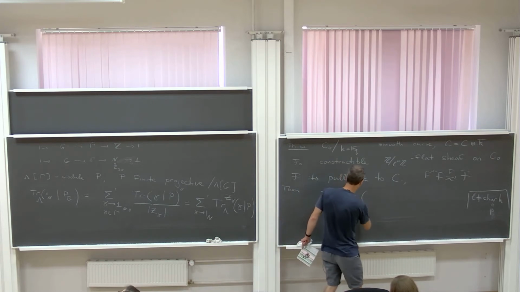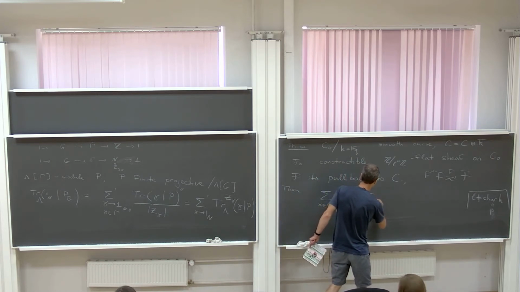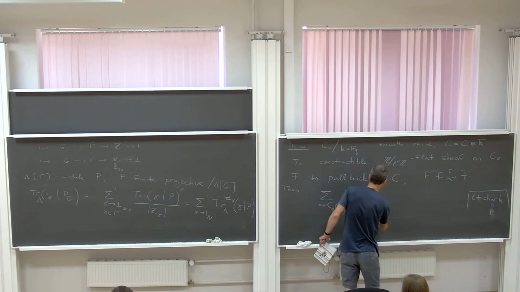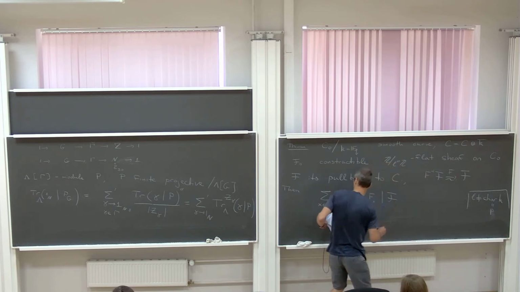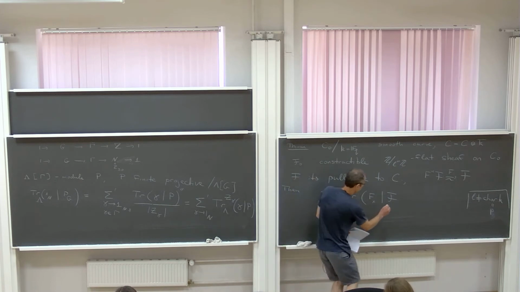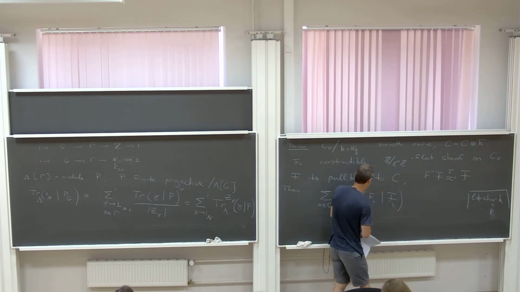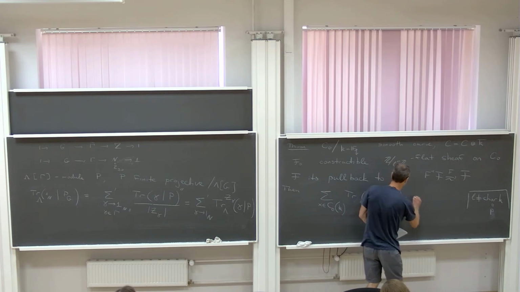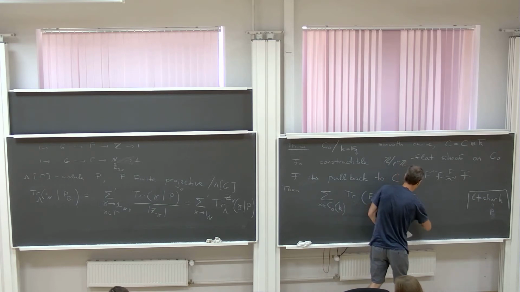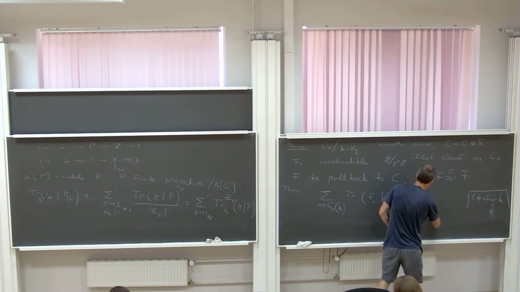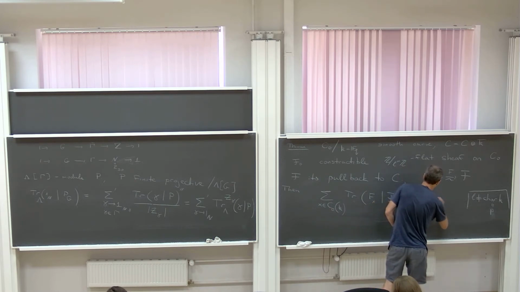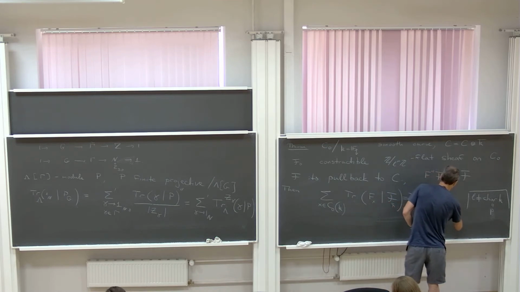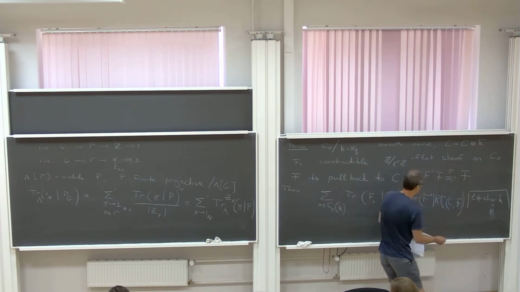So I take traces of the Frobenius, this Frobenius, acting on the fibers, geometric fibers over these points. And we want to show that this is equal to the trace of the Frobenius acting on R gamma with compact support of C with coefficients in F.